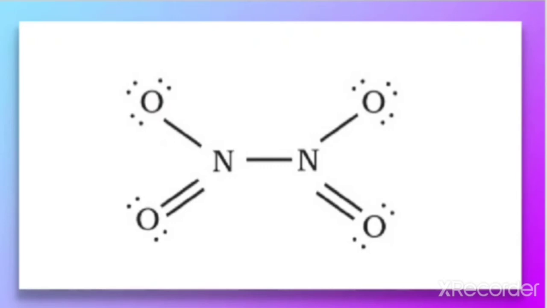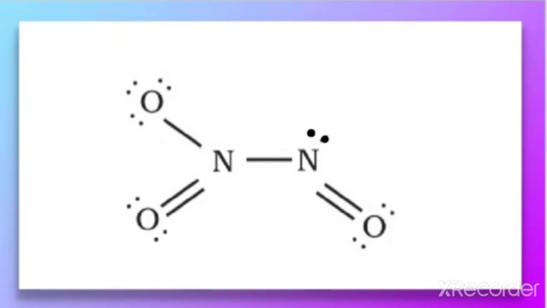Now let us make the structure for N2O3. For this, one of the single-bonded oxygens needs to be removed. Look at the structure carefully. I'm removing one of the oxygens in this way and keeping two dots on the nitrogen from where the oxygen was removed. Now this is the structure for N2O3. Just now we discussed the structure for N2O4; from this, one oxygen is removed, so we get N2O3.